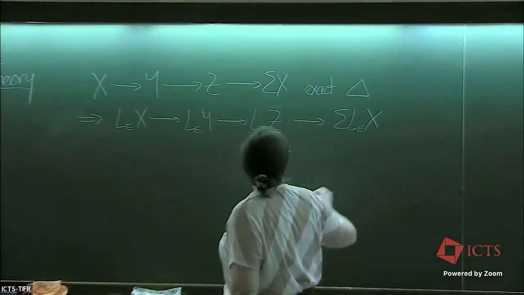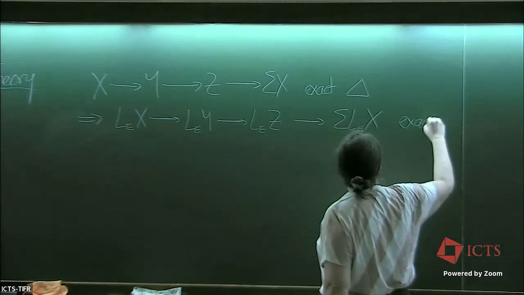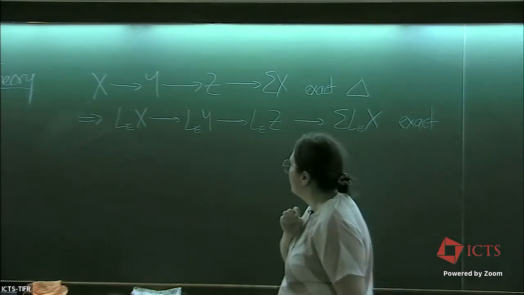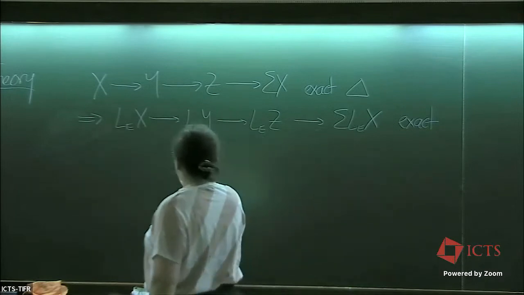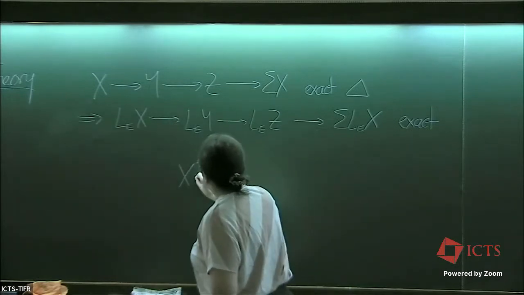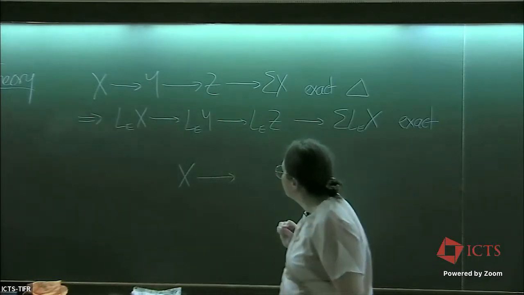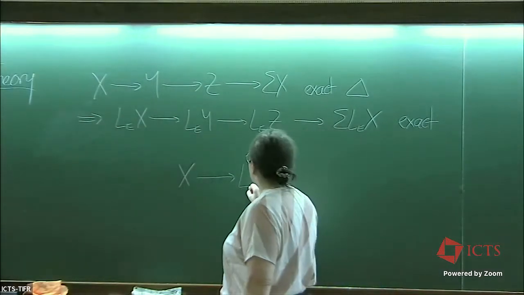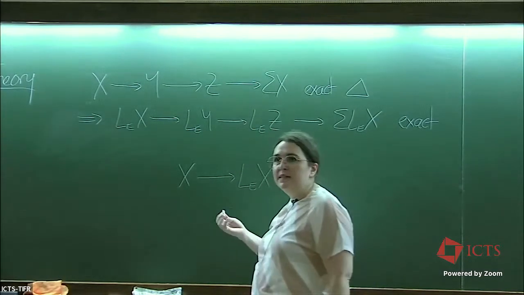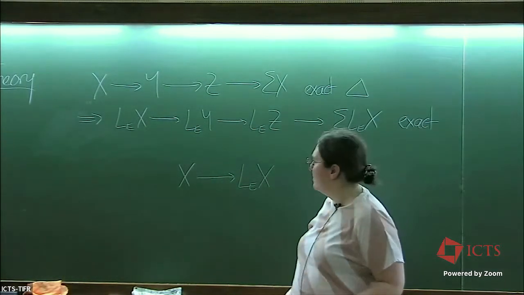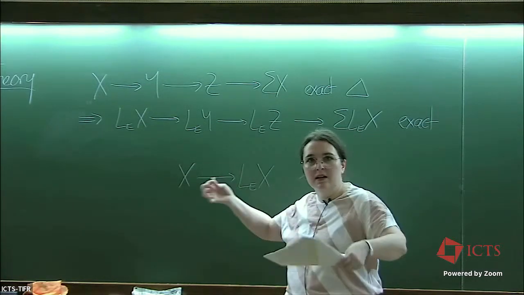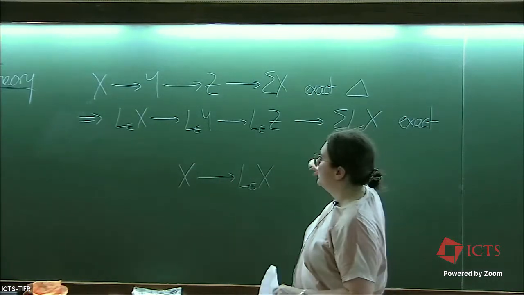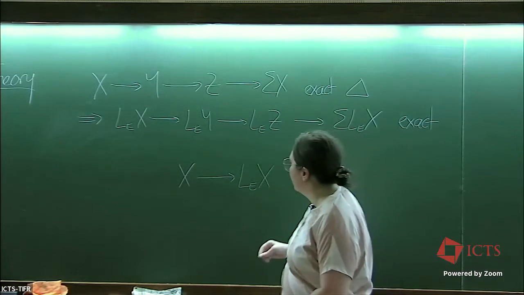But there was another exact triangle that was important, because one of the axioms of exact triangles was that you could take any map and complete it to an exact triangle. So I could write any X to Y here and then put a suitable third thing there, and that would be exact.